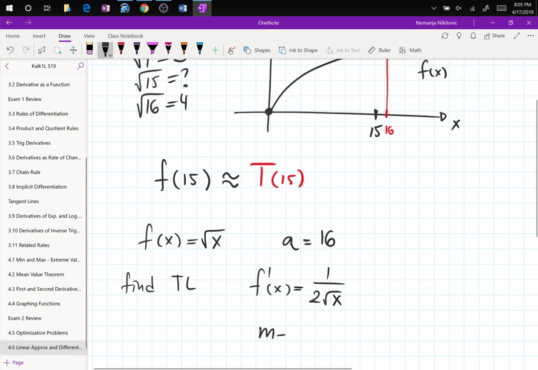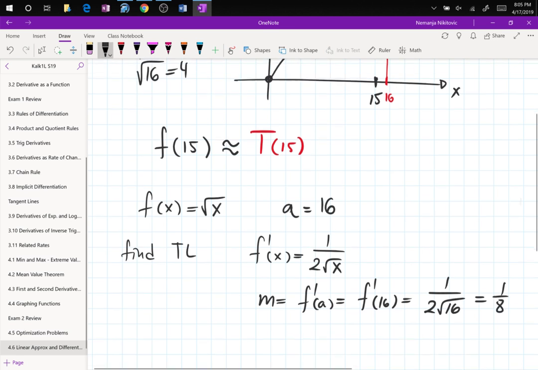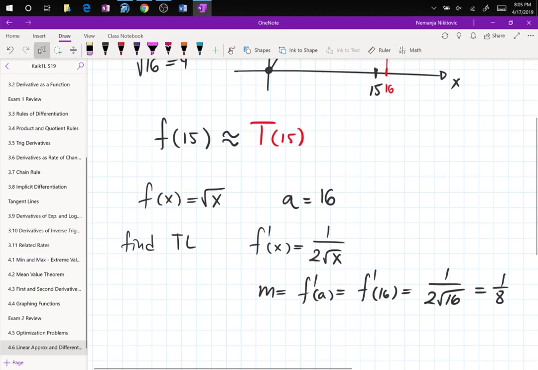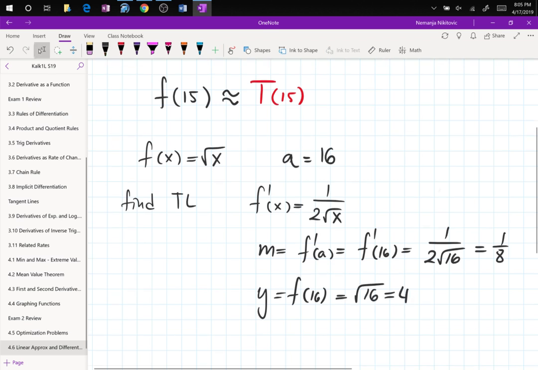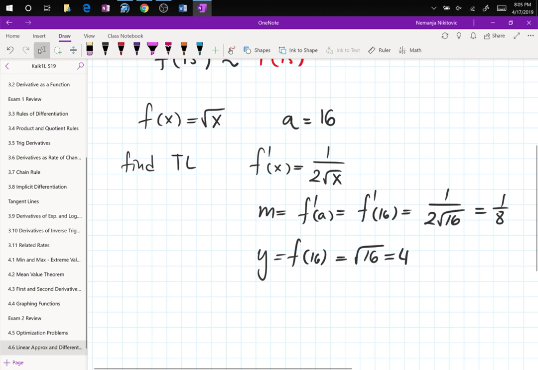The slope is the derivative computed at a, in this case at 16. So that's 1 over 2 square root of 16, which is 1 over 8. And the y value is f of 16, which is the square root of 16, which is 4. So now I have a point (16, 4), and the slope is equal to 1 over 8.